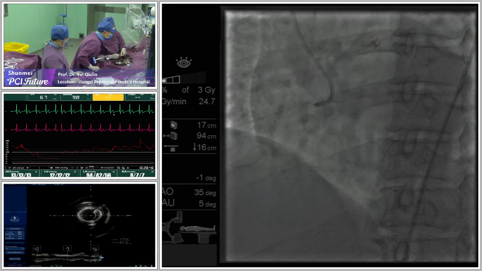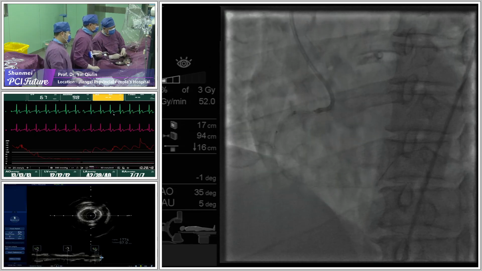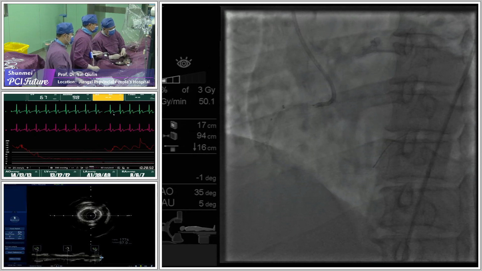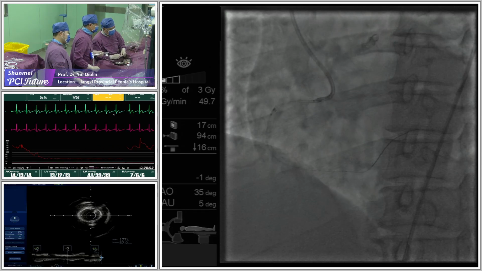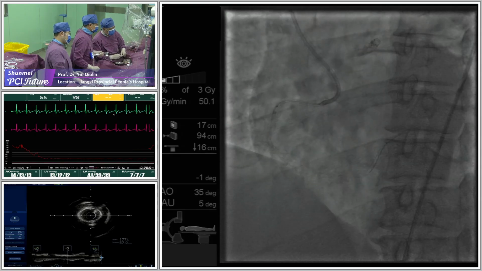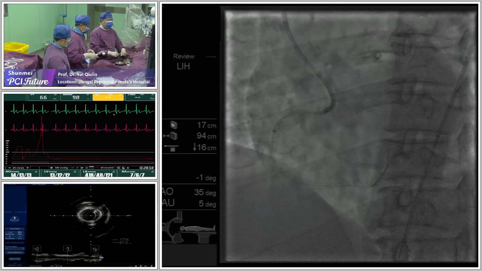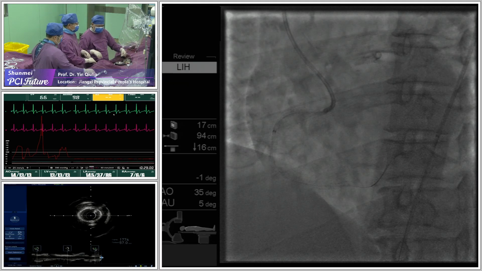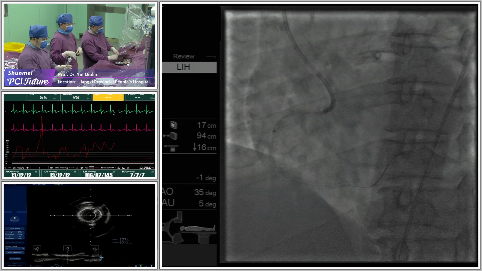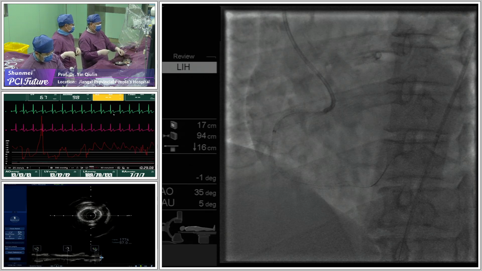However, as we know, the CTO is a very interesting procedure. It's like a quiet little dog, it doesn't bite, as long as you perform it properly. But bifurcations are different.